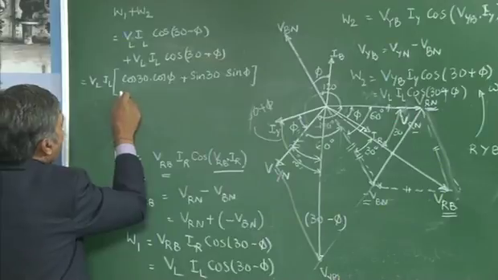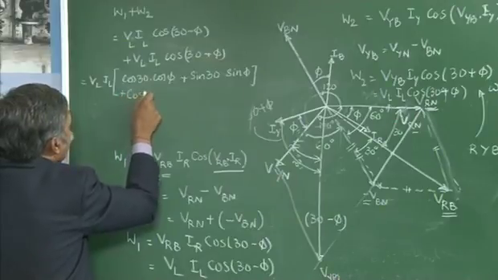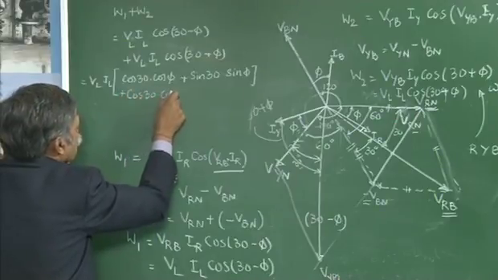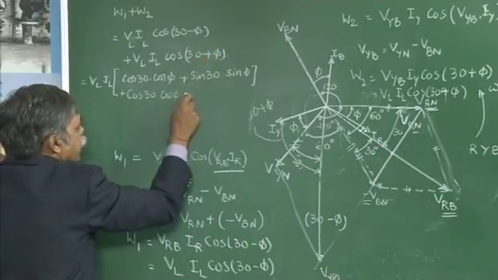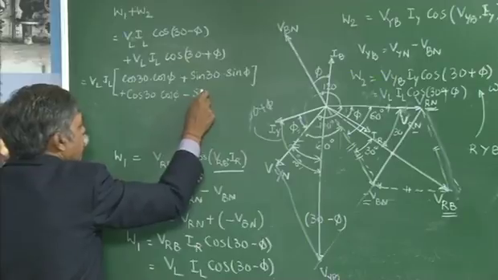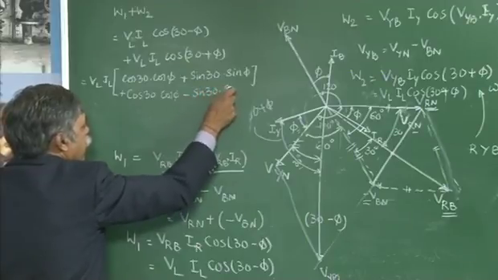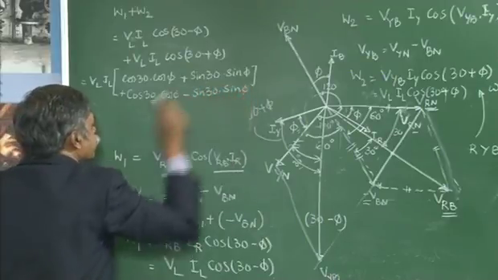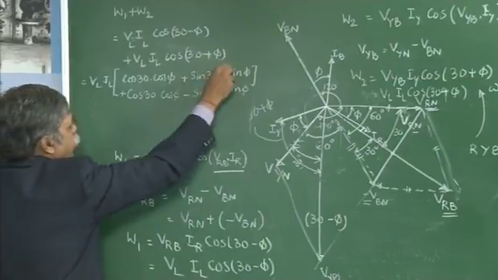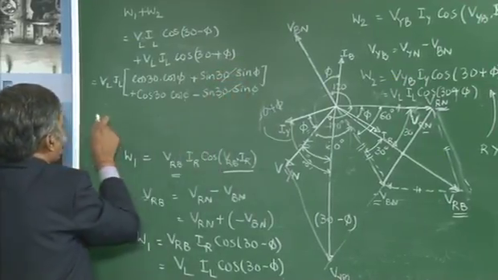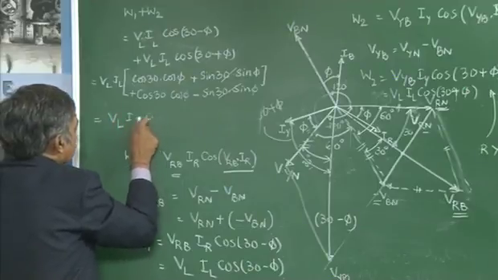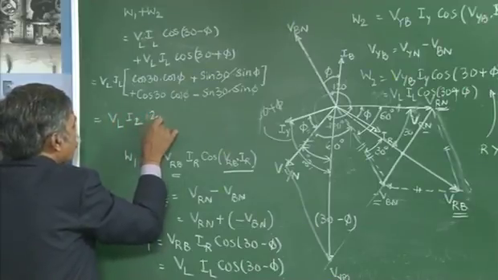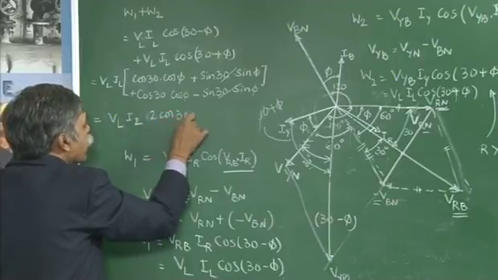And when I expand cos 30 plus phi, the first term is cos 30 into cos phi, and the second term, because I have a plus sign here, I need to take a minus sign, so minus sin 30 sin phi. So the negative terms will cancel here, therefore I will be getting VL IL into 2 cos 30 into cos phi.